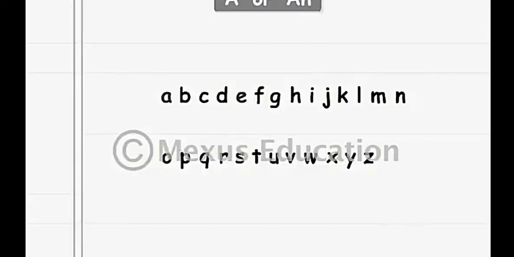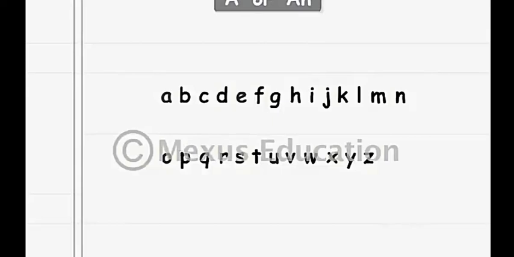Here you can see the alphabet. Letters are written A to Z: A B C D E, F G H I J, K L M N O, P Q R S T, U V W X Y Z. This is your alphabet. And a or an is mentioned here, which means either you will add a or you will add an.